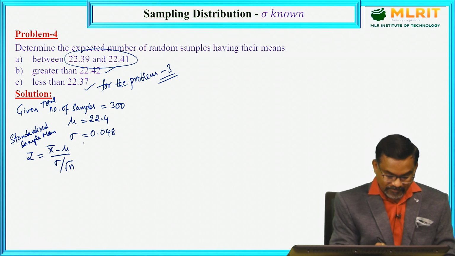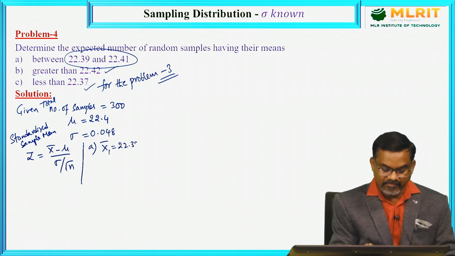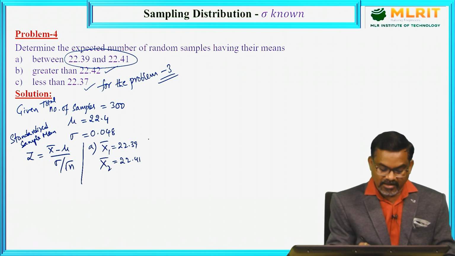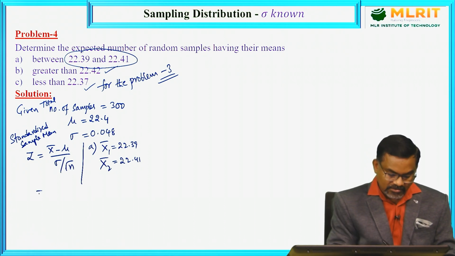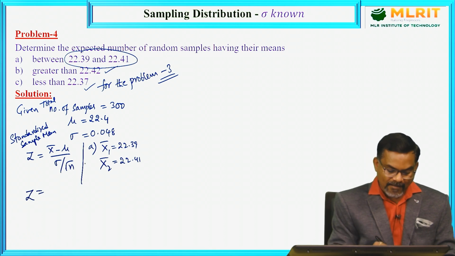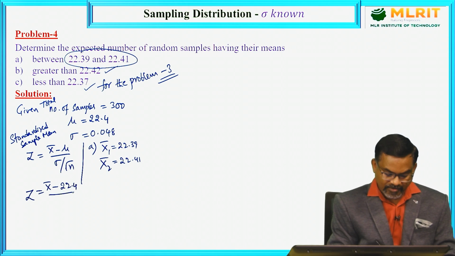So, here in the first problem, x1 bar is 22.39 and x2 bar is 22.41. Let us consider these two values. And we have the formula for Z is x bar minus mu by sigma by root n, and x bar will be replaced by these values, with mu 22.4 and sigma 0.048 by root 36.